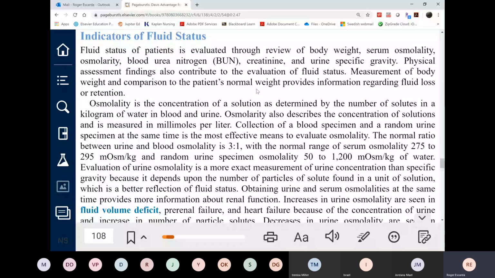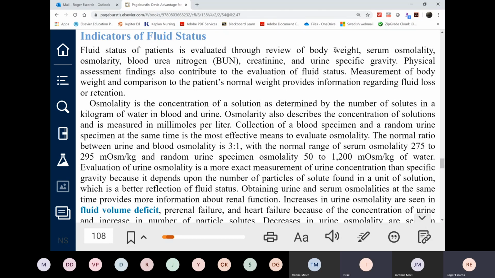Whereas weight is a measure of mass. So 1 kilogram lost or gained is equal to 1 liter of fluid lost or gained. Every 1 pound of weight lost or gained equals 500 milliliters of fluid lost or gained. Does that make sense? Okay, so 1 kilogram, 1 liter, 1 pound, 500 ml.